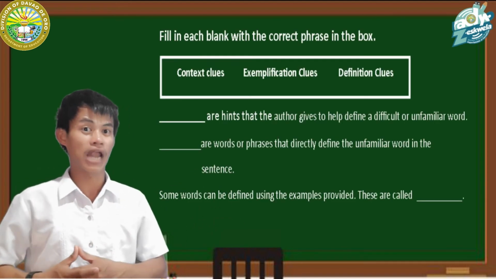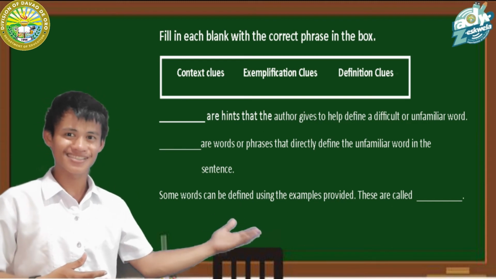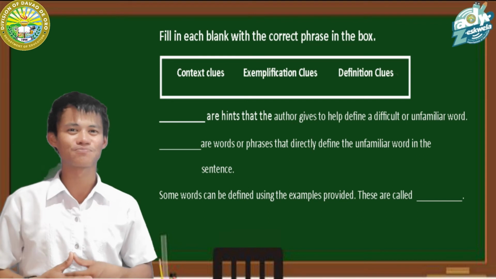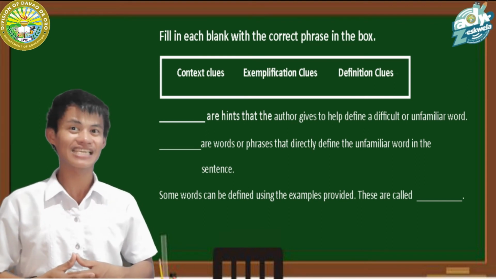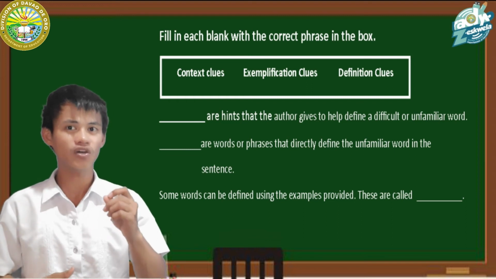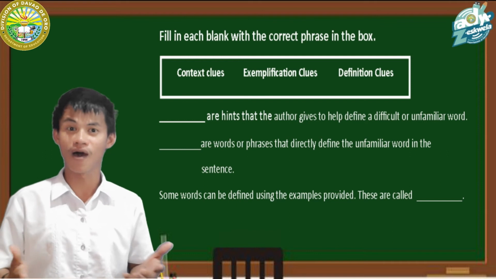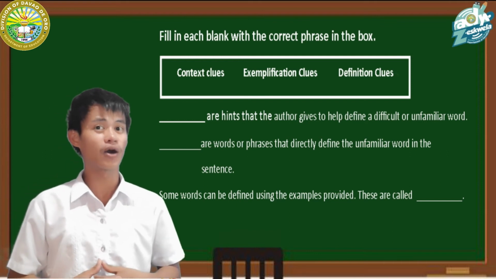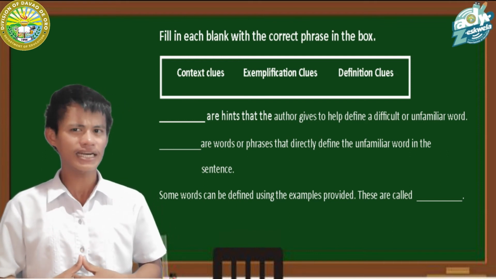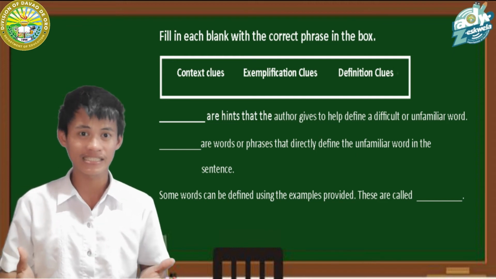Fill in each blank with the correct phrases in the box. Blank are hints that the author gives to help define a difficult or unfamiliar word. Blank are words or phrases that directly define the unfamiliar word in the sentence.